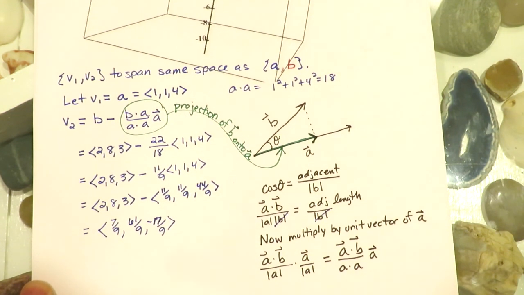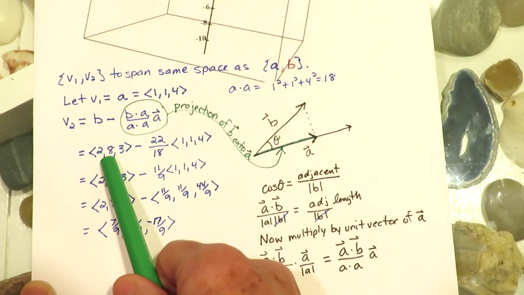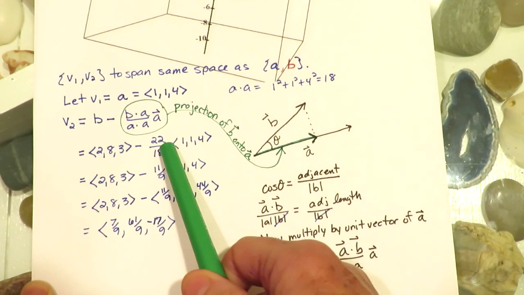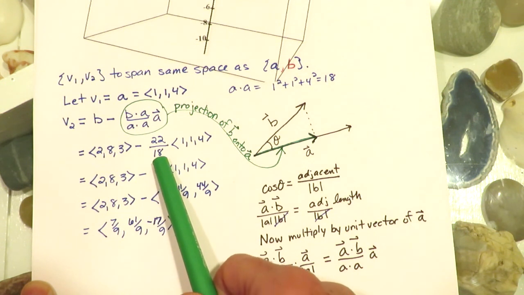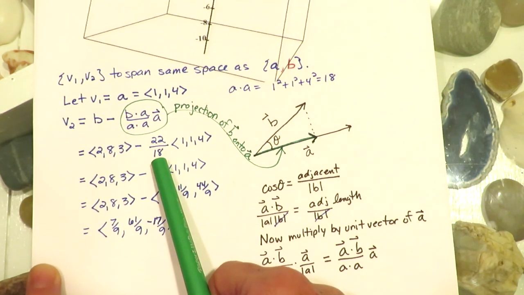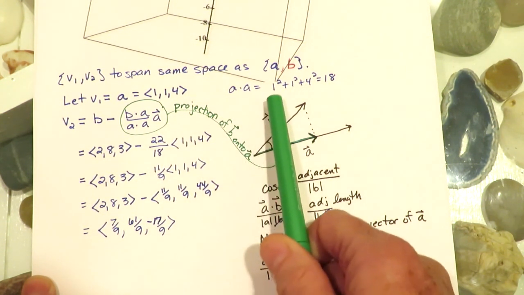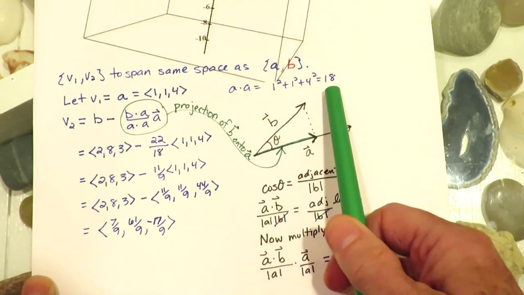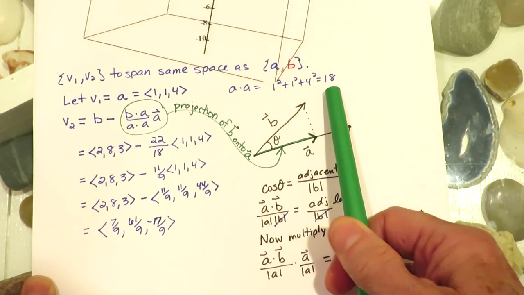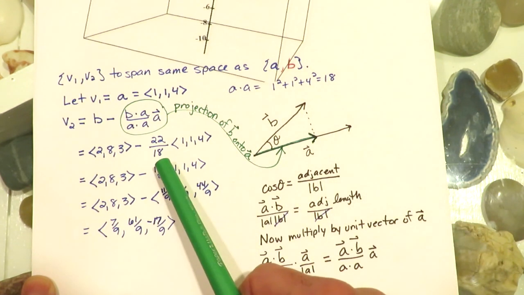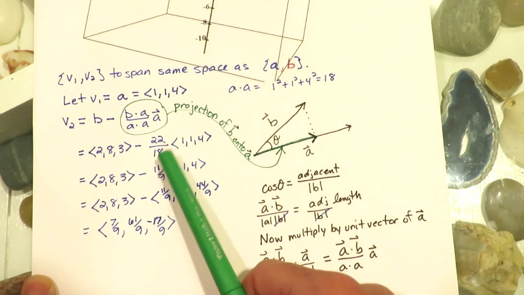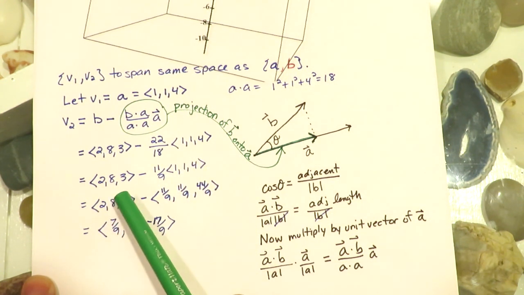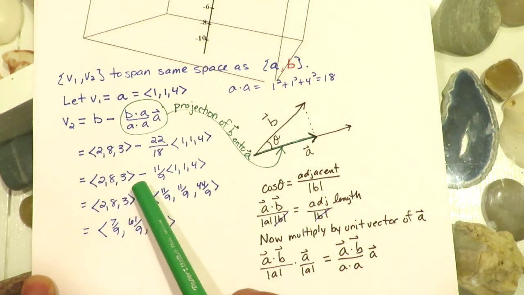So following through with that, this is vector B, and remember B dot A was 22, and A dotted with itself is 18. Notice 1 squared plus 1 squared plus 4 squared is 18. That's what A dot A is. And so that gives us this new scalar, 22 over 18. I'm going to multiply vector A by that, and now I will clean it up a little bit.